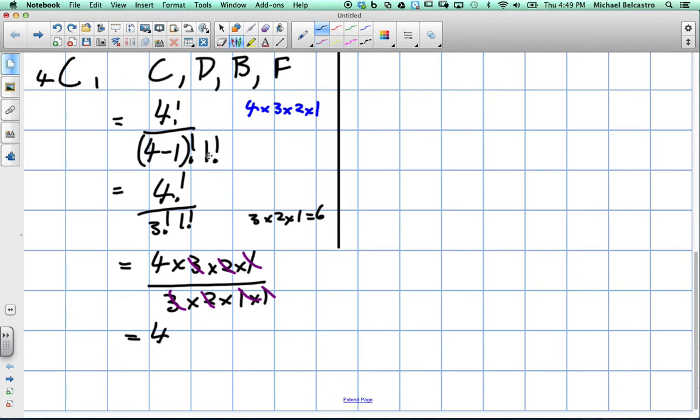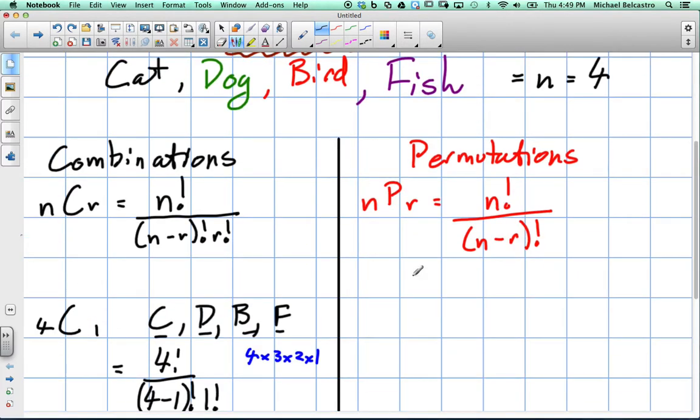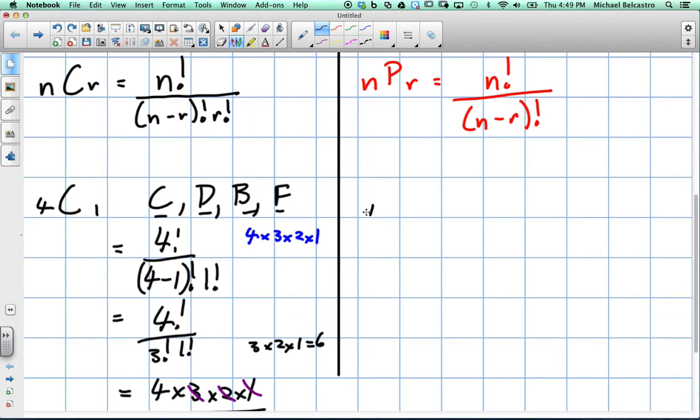Now, you might have a calculator that does all of that for us, but that's exactly what we got. We got 4 pictures. And if you were to do the permutation this way, 4P1, you end up with 4 factorial over 4 minus 1 factorial, and it ends up being the exact same thing, your value is 4. There's really no other way to go about doing that.